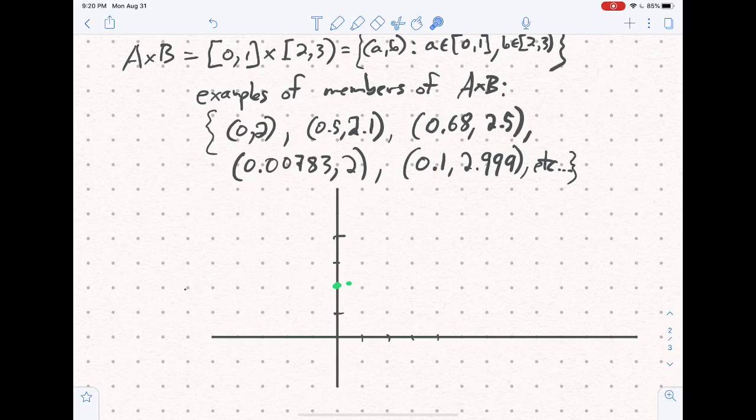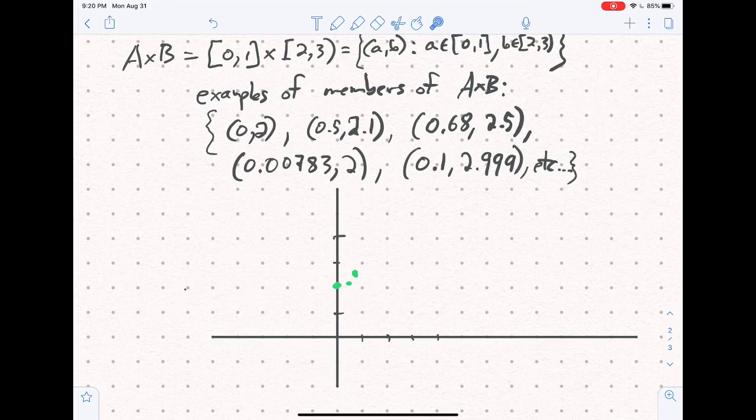And then 2.5 is halfway in between 2 and 3, so (0.68, 2.5) is about right there. Let's plot that one in.